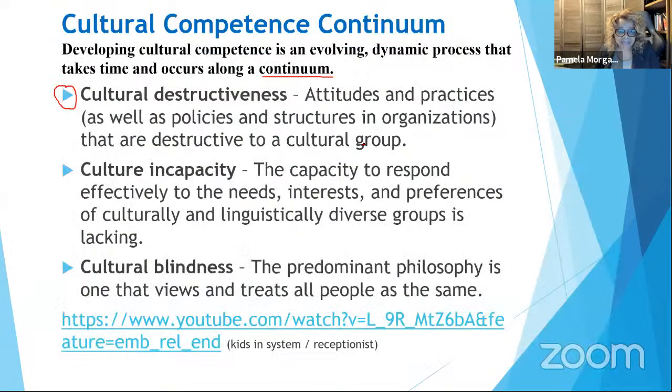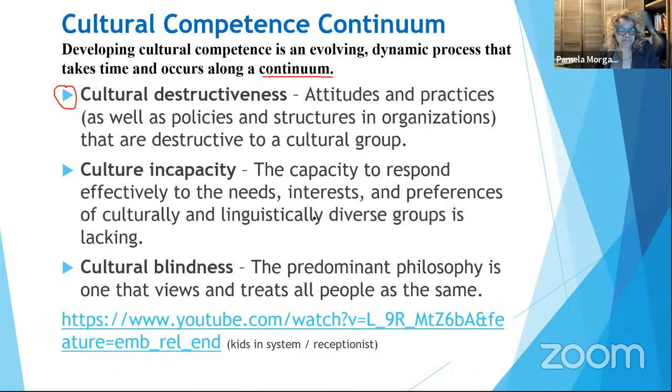So cultural incapacity is the capacity to respond effectively to the needs, interests, and preferences of culturally and linguistically diverse groups. And so we see that it's lacking. This capacity is lacking, and that's an awareness.